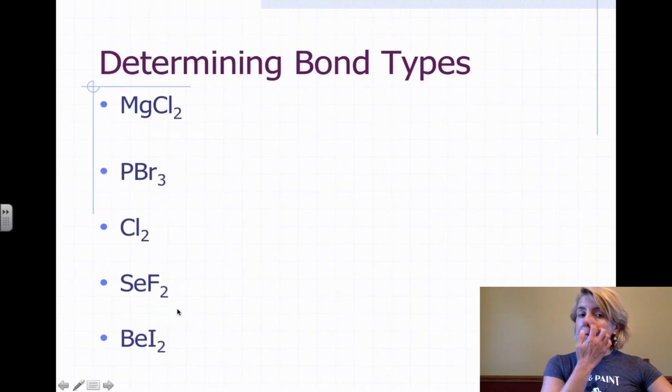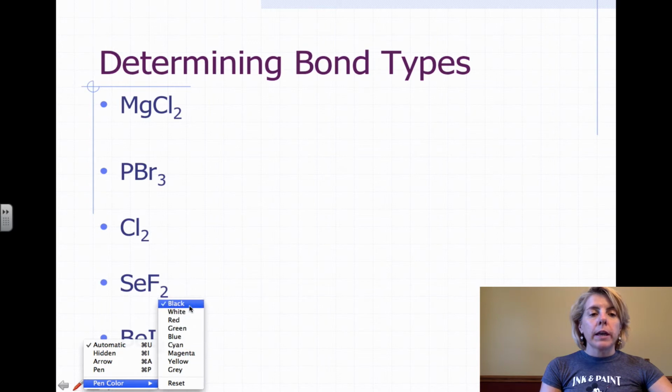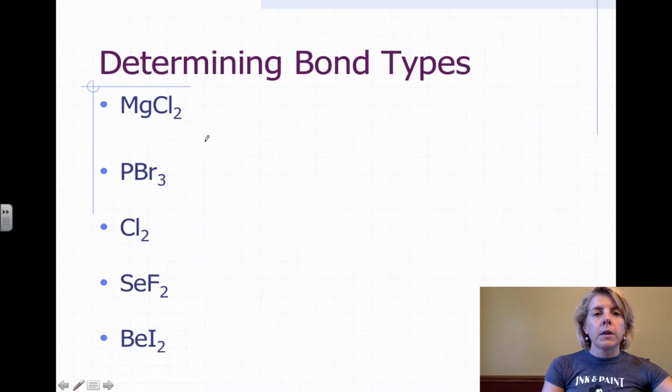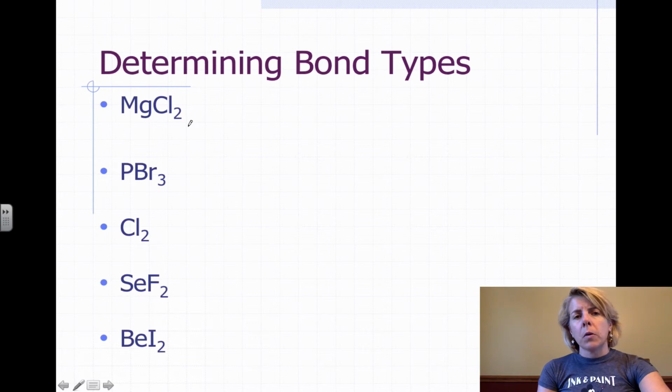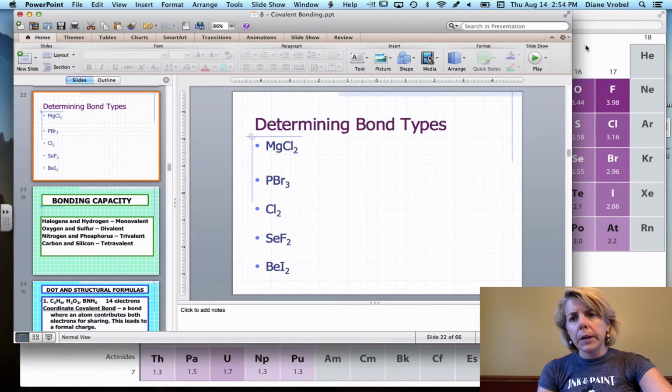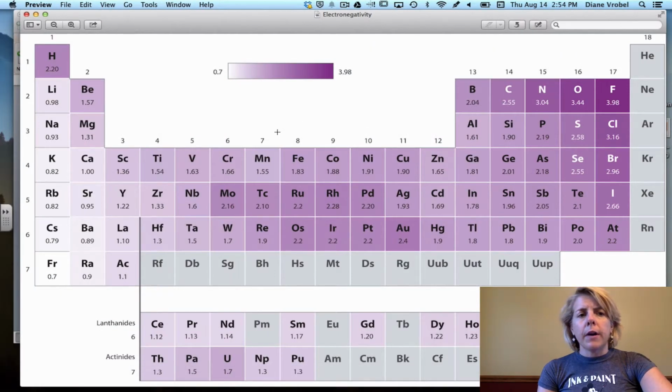Okay, here we go. So this is our last practice for the video, and I want to look at bond types. So I have magnesium and chlorine forming MgCl2. Question is, what type of bond is it? So we can go to our handy dandy periodic table, and here's magnesium and here's chlorine. There's definitely a difference in electronegativity.